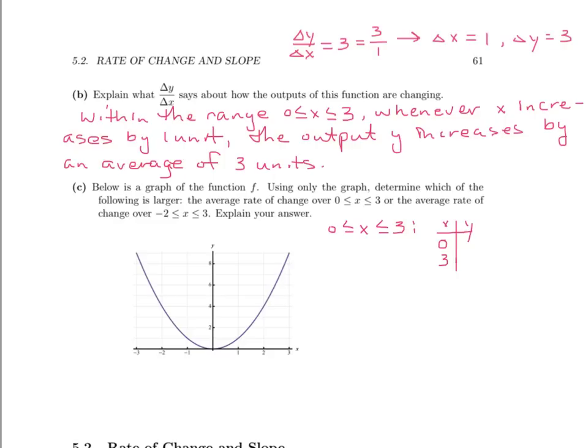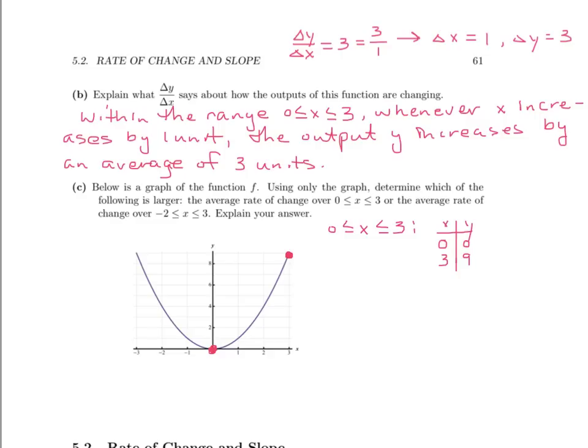So when x is 0, notice that we are at this point right here, and when x is 3, we're at this point right here. So notice that when x is 0, you can see that y is also 0, and when x is 3, y is 9. Again, we saw this from part A.